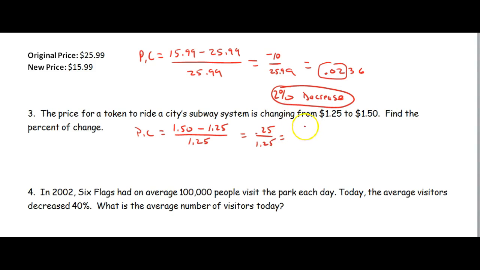When we do that division, we get 0.2. Now that's the percent as a decimal, so what do we do to change 0.2 to a percent? Multiply it by 100. And what we end up getting is a 20% increase in fare.